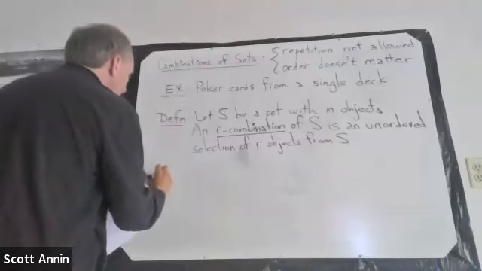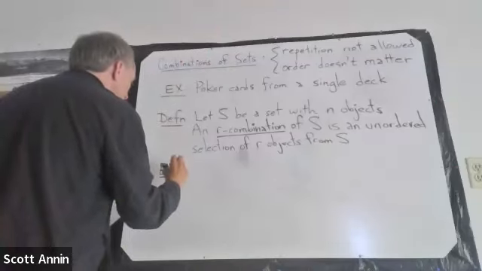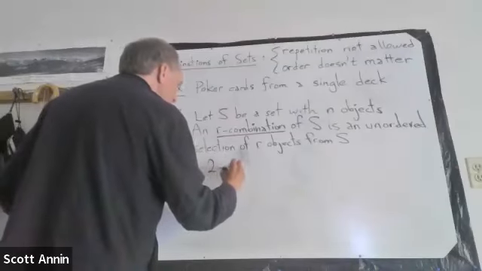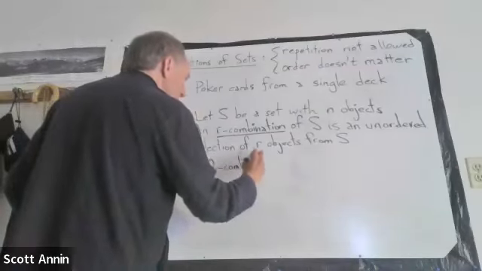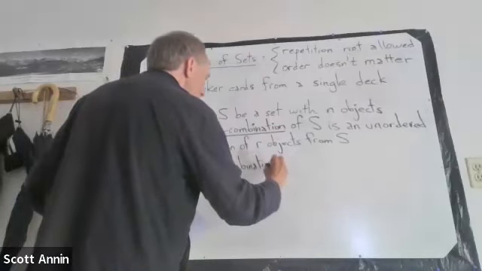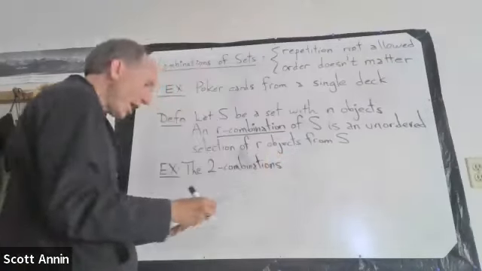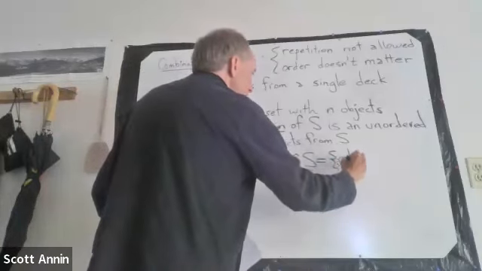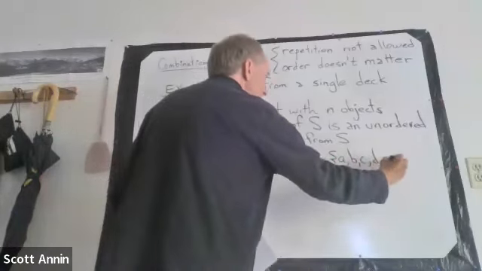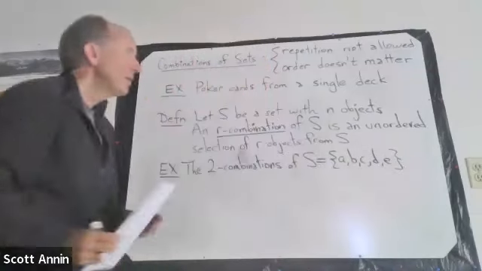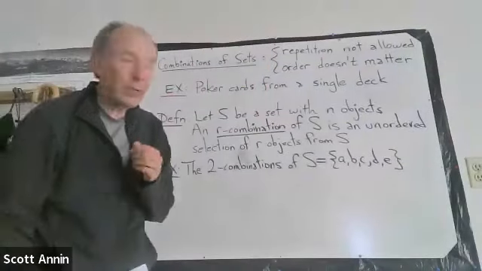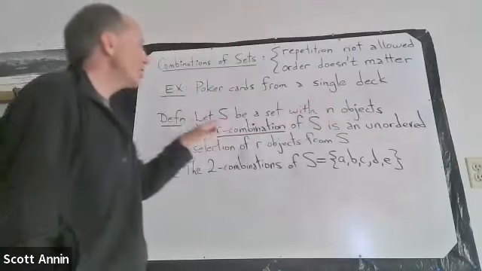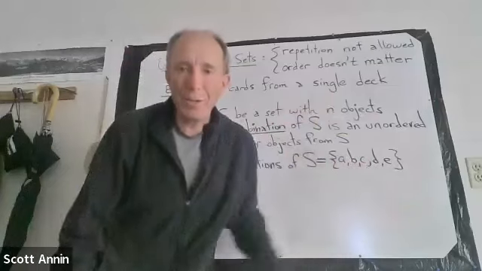So let's just do a quick example of this. Let's suppose I wanted to write down the 2-combinations. So in this case, r is going to be 2. The 2-combinations of the set S, let's just suppose that S consists of the letters A, B, C, D, and E. So what we're asking for here are the unordered selections of 2 of these letters, right?